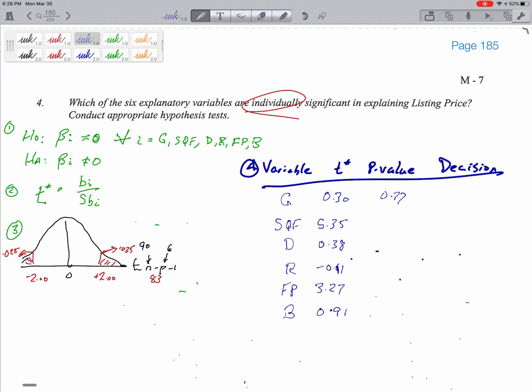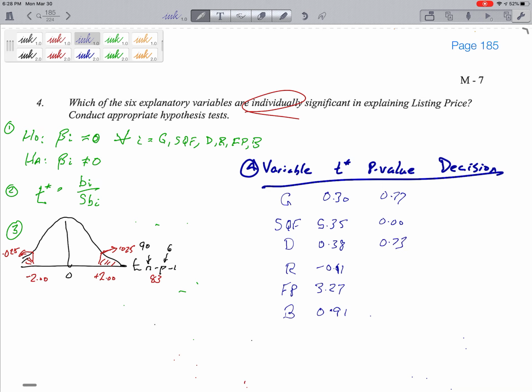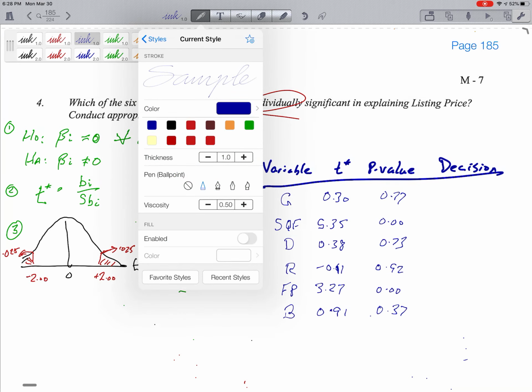And the corresponding p-values are 0.77, again taken just straight from the table, 0.00, let me just clean this up a little bit here, 0.73, 0.92, 0.00, and 0.37.